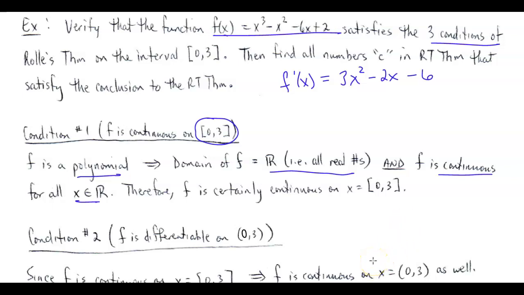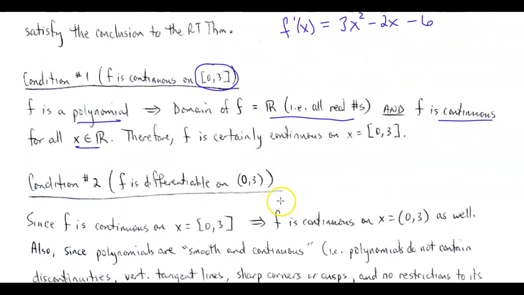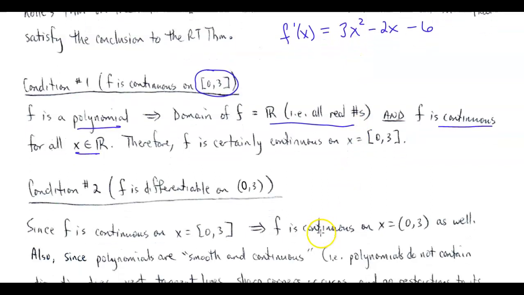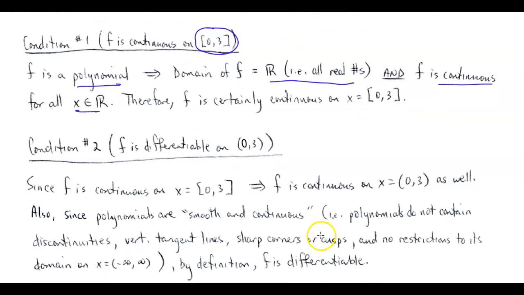I don't want to overcomplicate it, so I'm just going to say that because we have a polynomial, it's continuous, and then we can take the derivative of it at any x value and get another real number out. Because of that, we know that this function is going to be differentiable for all real numbers. If it's differentiable for all real numbers, then it's also differentiable for every value in between x equals 0 and x equals 3.